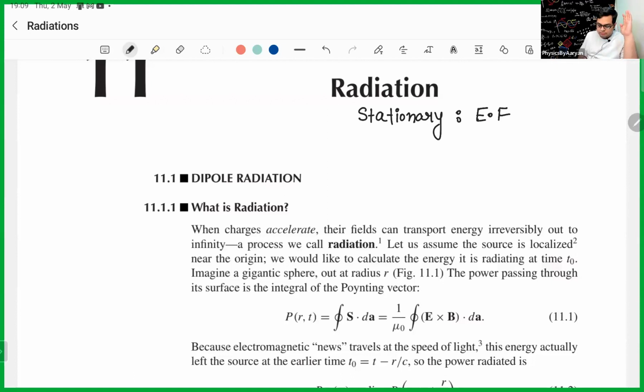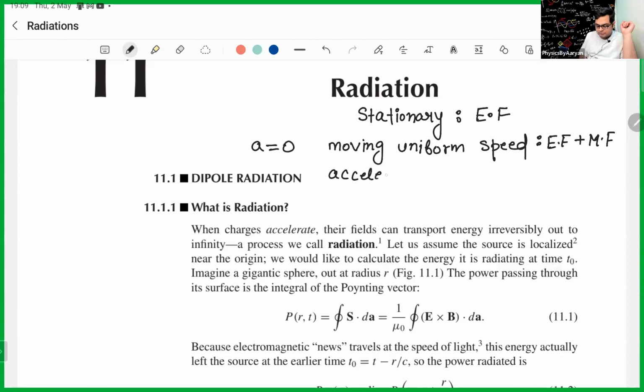If the charge is moving with uniform speed, which basically means that the acceleration of the charge is zero, then it produces electric field plus magnetic field. And if the charge is accelerating, meaning acceleration is not zero, then it produces radiation.